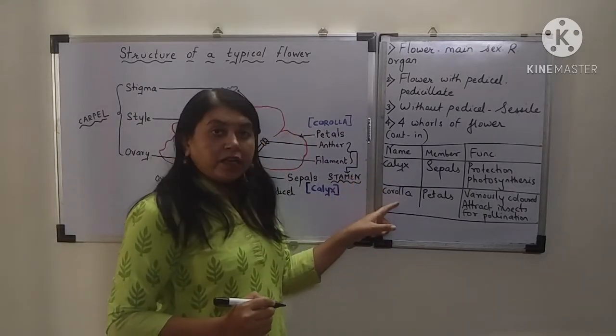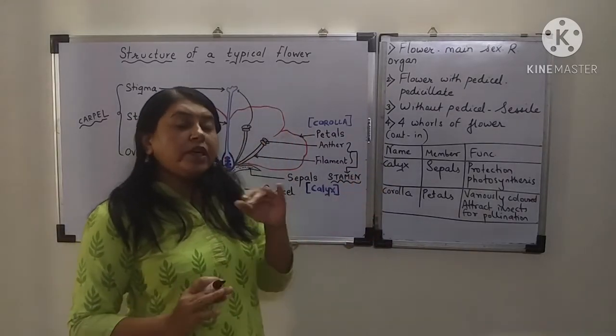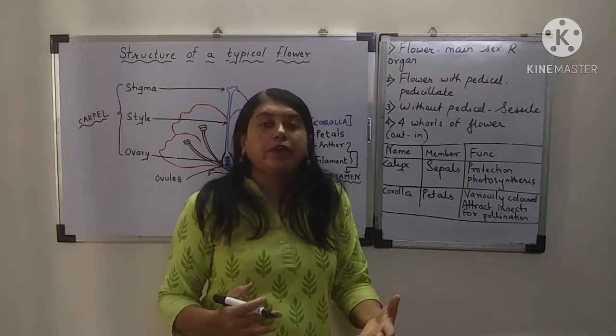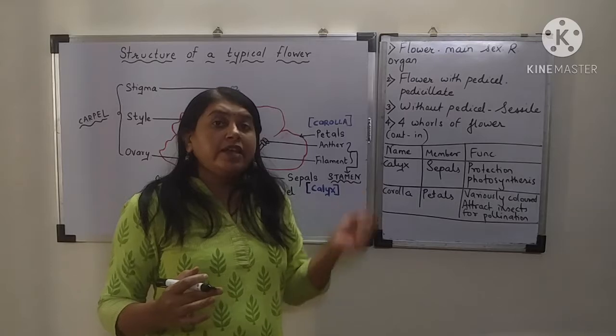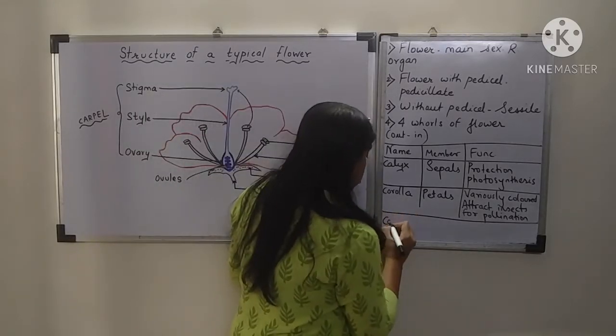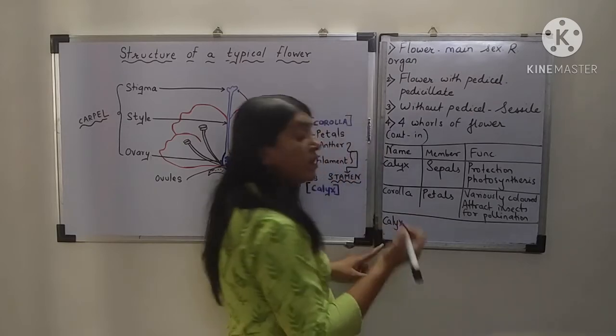Now calyx and corolla do not take part directly in reproduction but help in the process of reproduction. So they are called accessory whorls of the flower. So what will you write?